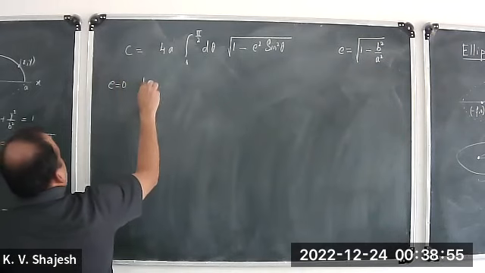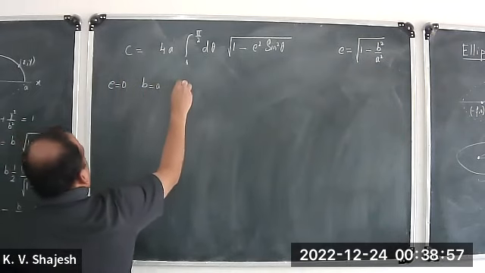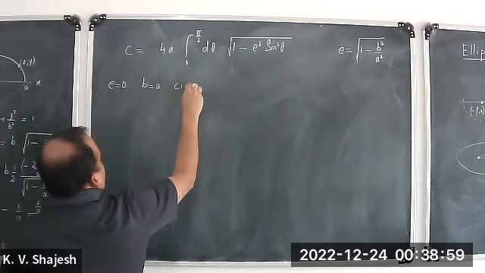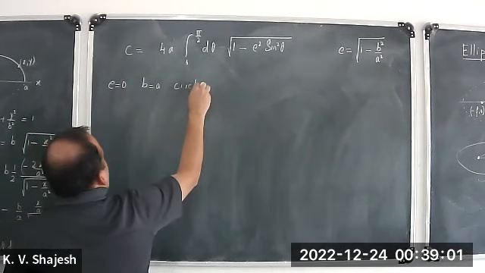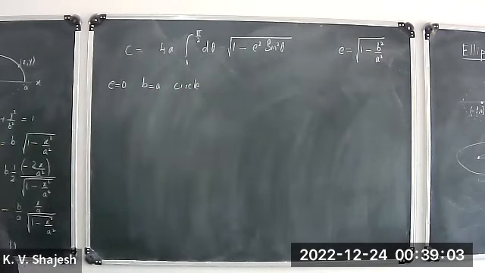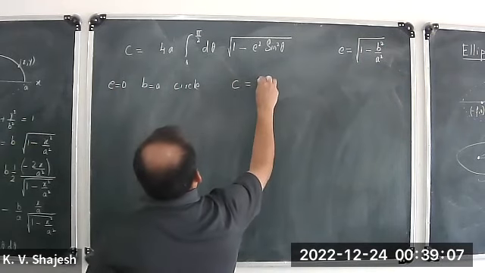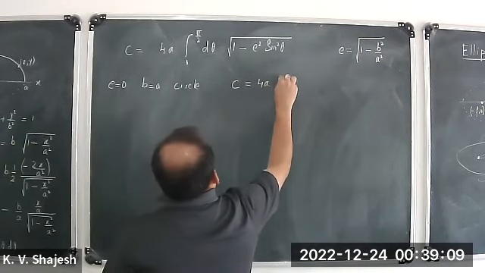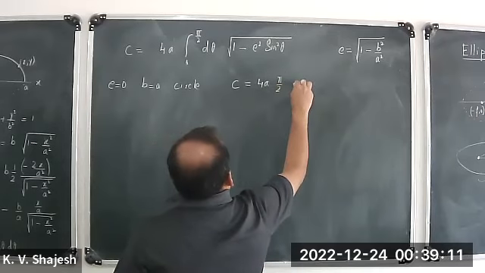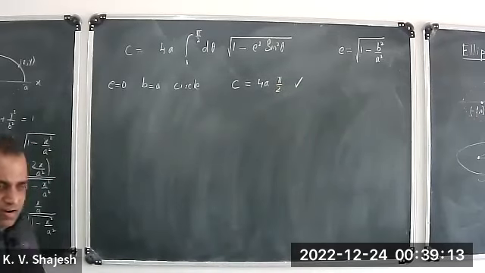That means b is equal to a, and that's the idea of the circle, right? So e is equal to 0, and then that integral becomes doable. So that's 4 times a times pi by 2, and that's correct. So that's 2 pi r.